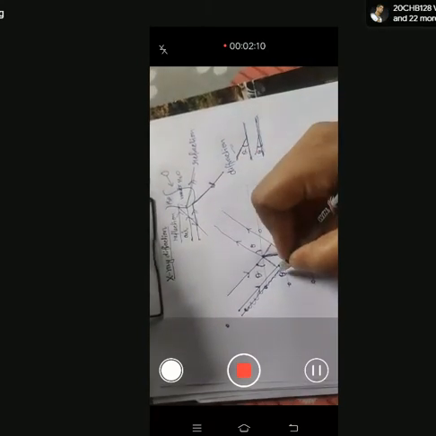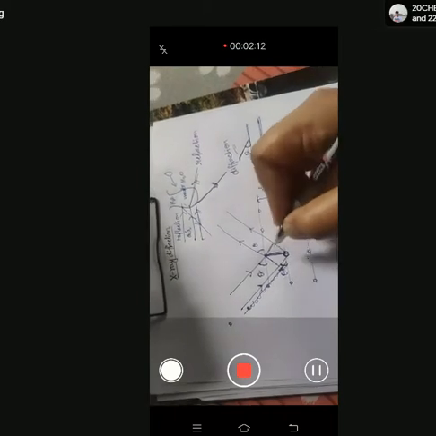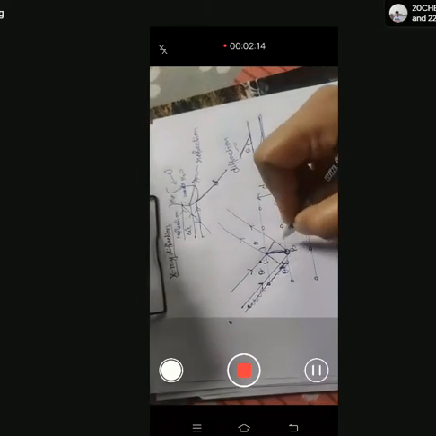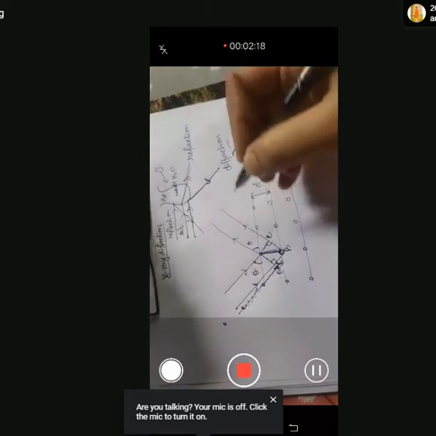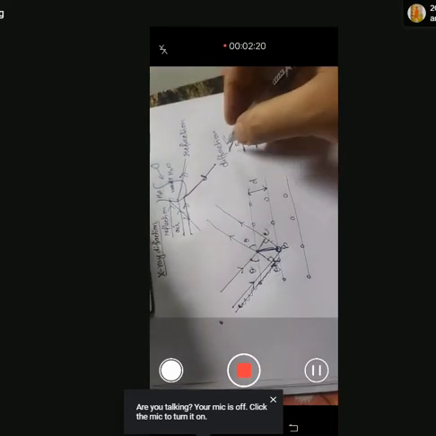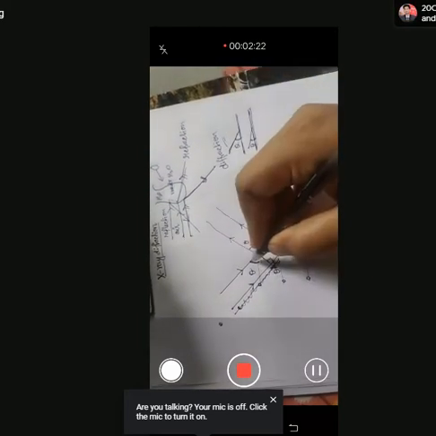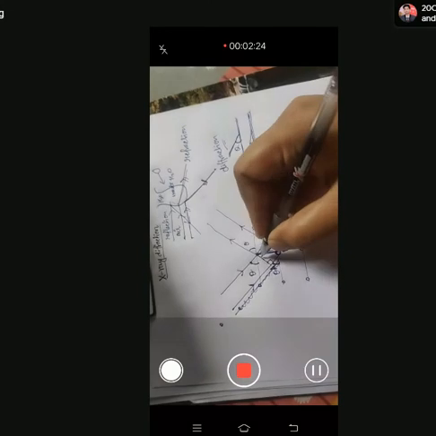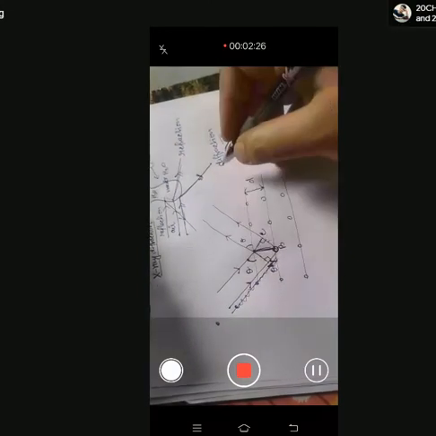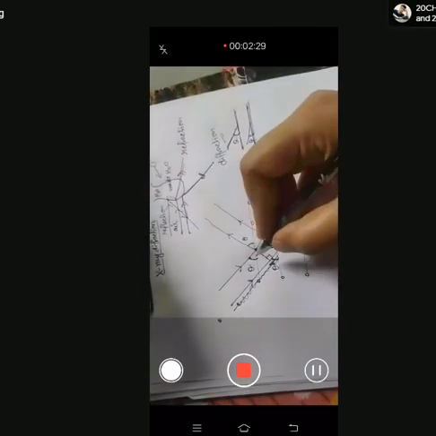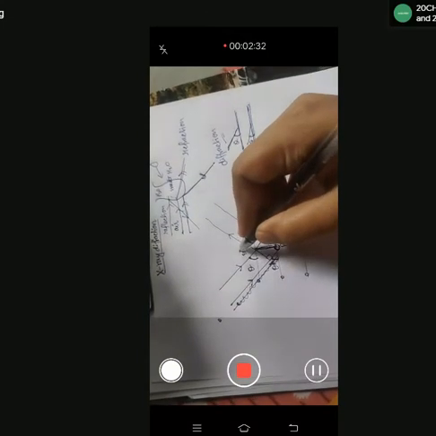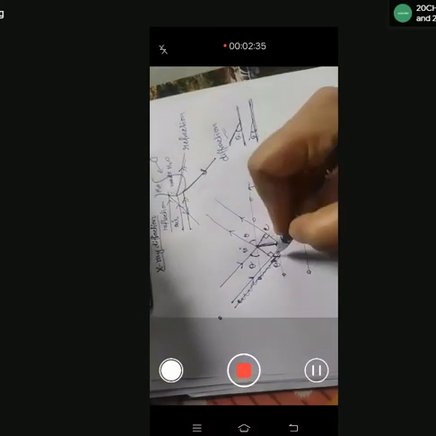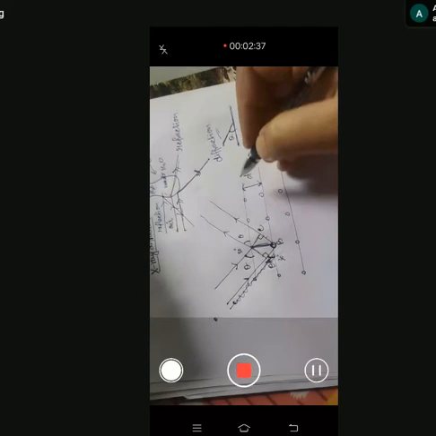Maybe this is your A, B, and C, and it is understood that the angle is 90. If this angle is 30, this angle is 30, this angle will also be 30. For example, if I say the first one is 30 degrees, this is also 30.